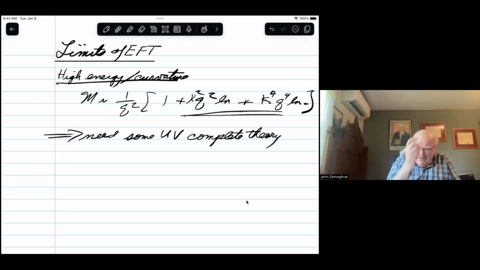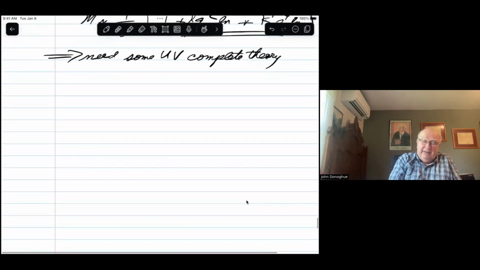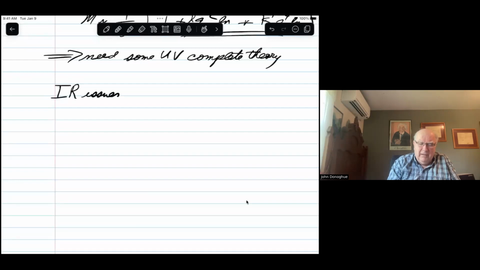So this is an obvious limit. We expect the theory, the effective field theory, to fail at high energies. There are potential IR issues, which I find actually even more interesting.